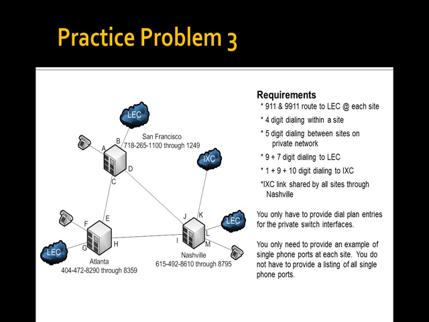Now, let me go back to this for a second. Question was brought up, if we define our local calls, our inside one site calls, as leading 1, possibility of 1 or 2 in the second digit place, followed by any 2 digits, will that conflict with long distance?